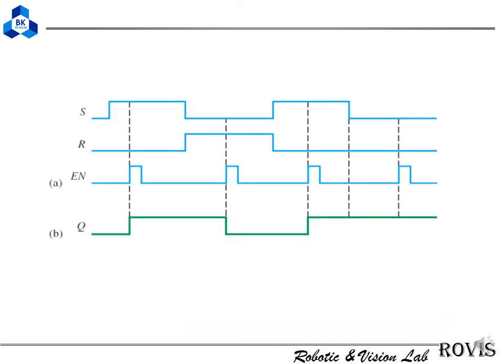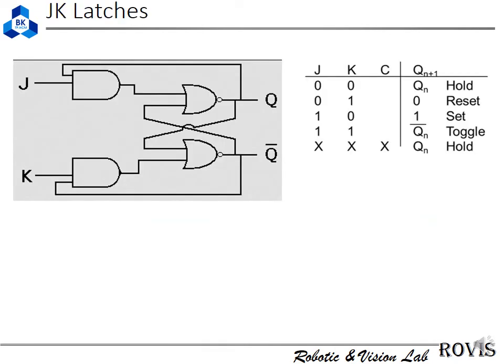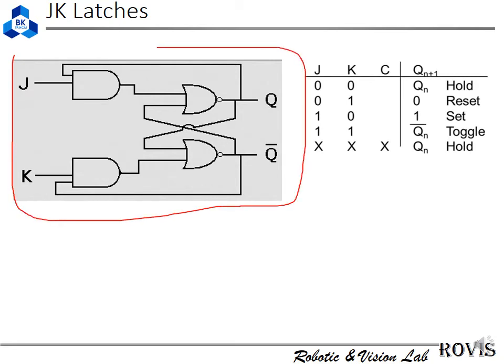And this is another example. Another very famous latch we call the JK latch, and this is the symbol of the JK latch. In this truth table there is something called toggle.